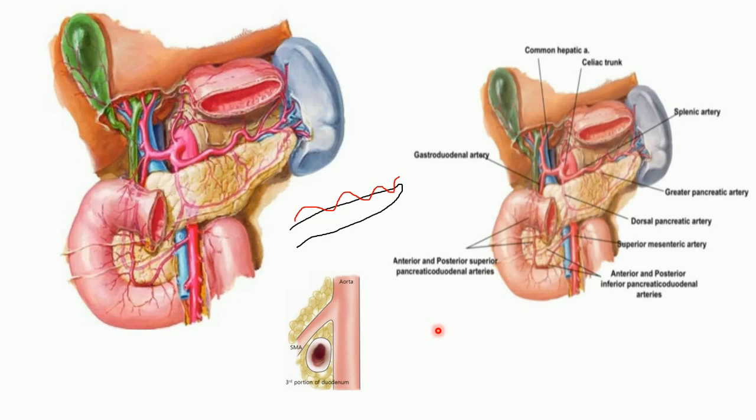The right gastro-omental artery arises from the hepatic portal artery. Moses, there is nothing like hepatic portal artery.